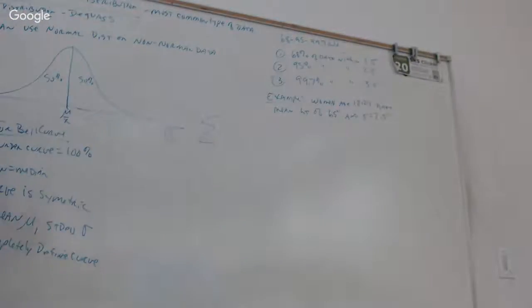So I want you to help me draw a bell curve in which you give me all those numbers for the 68, 95, 99 rule. Can you do that for me, Kensley?